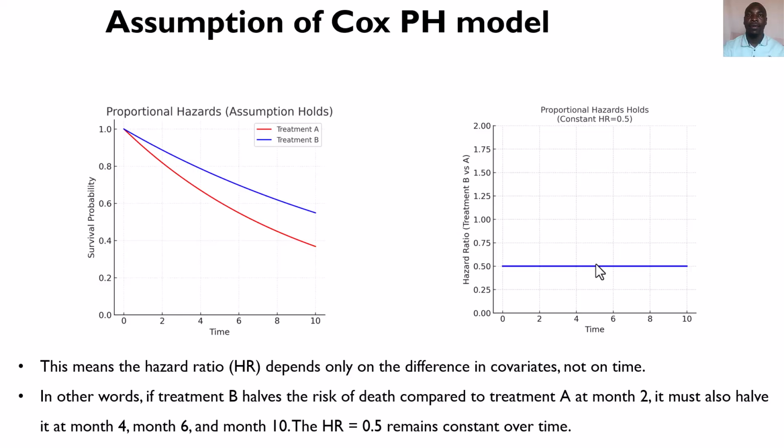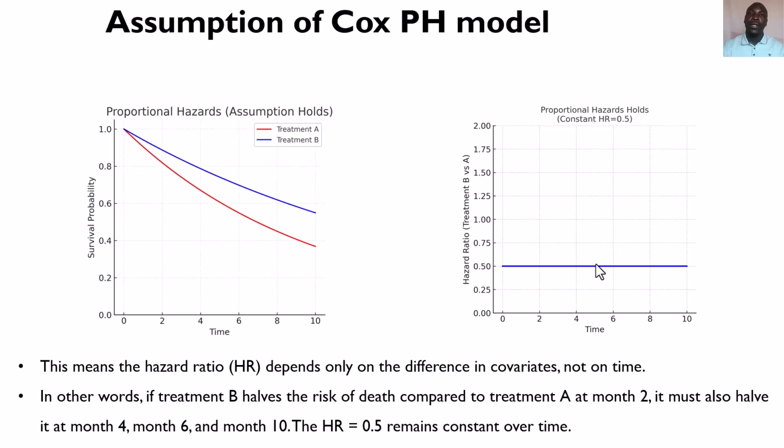Using our example of treatment A and B, if treatment B reduces the risk of death by half compared to treatment A at month 2, then it should do the same, reduce the risk of death by half, at month 4, at 6, at 8, and at 10. It shouldn't change over time.